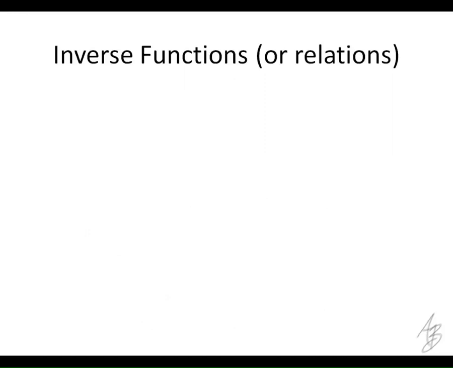So if we have a graph of a function or a relation, or the equation of a function or a relation, to get the inverse, we just switch x and y. And that's actually why we end up reflecting it across the line y equals x, because we're replacing every x with the y and vice versa. Okay, what else? That's about it, right?